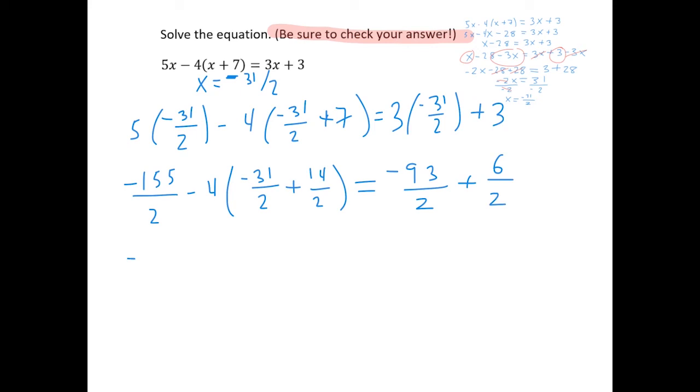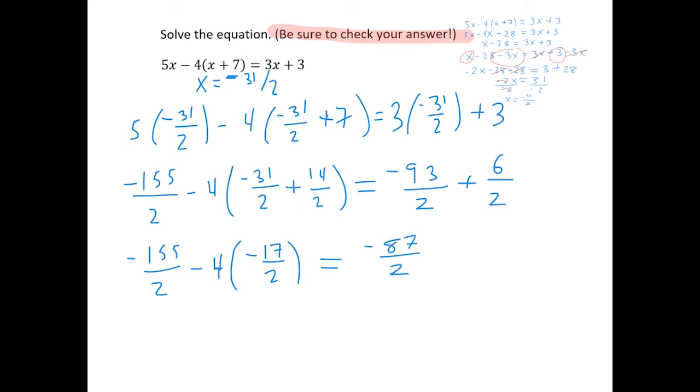We have negative 155 over 2 minus 4 times the quantity of, so in the inside there I have negative 31 halves plus 14 halves. That's going to add up to give negative 17 halves equals negative 93 over 2 plus 6 over 2 is going to give us negative 87 over 2.